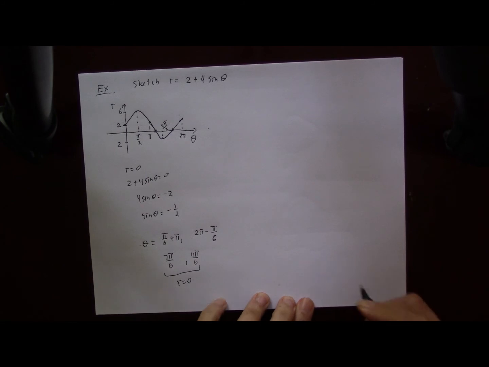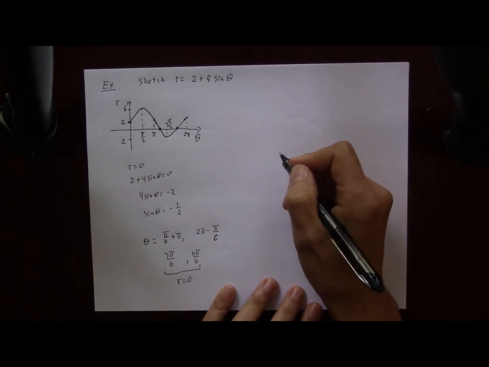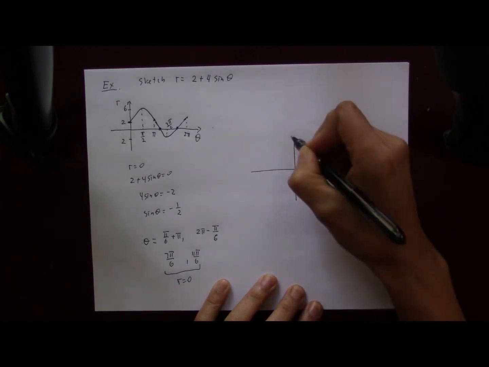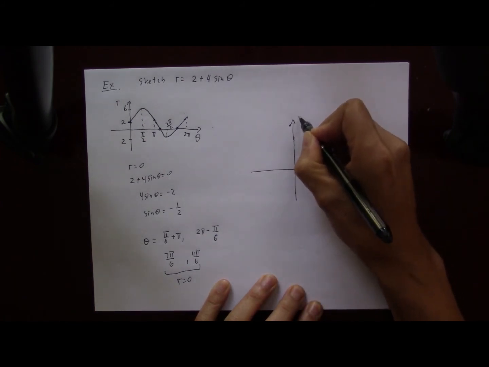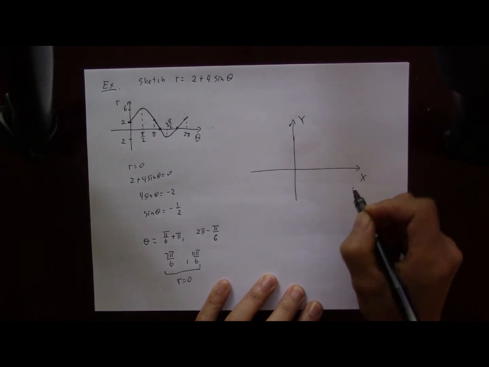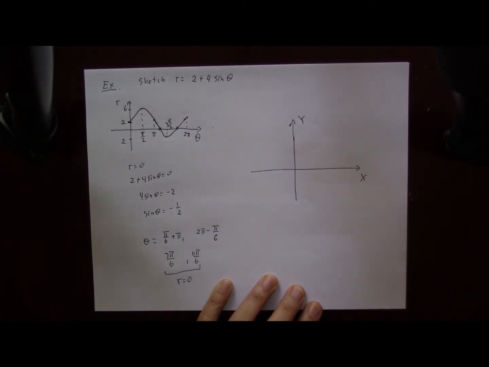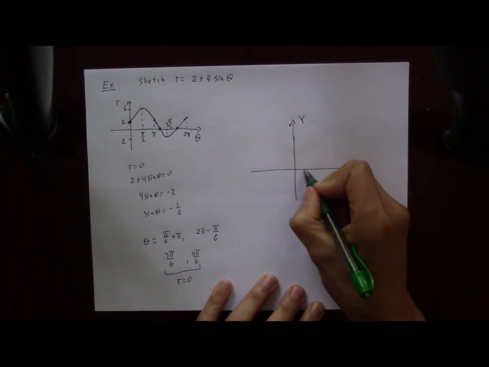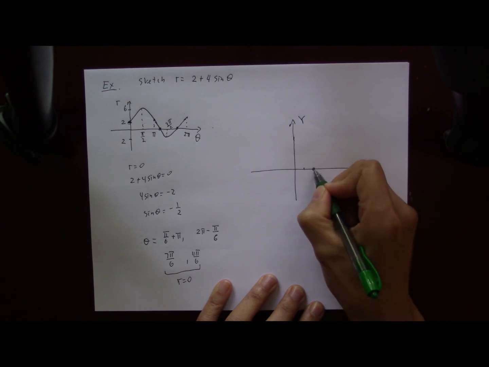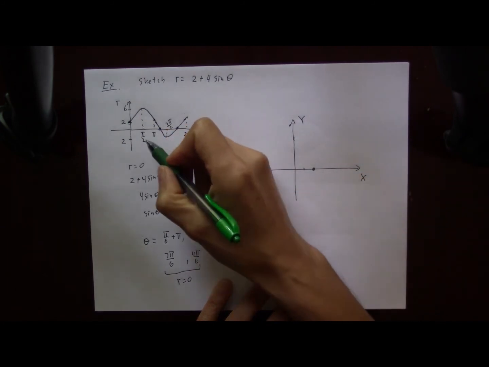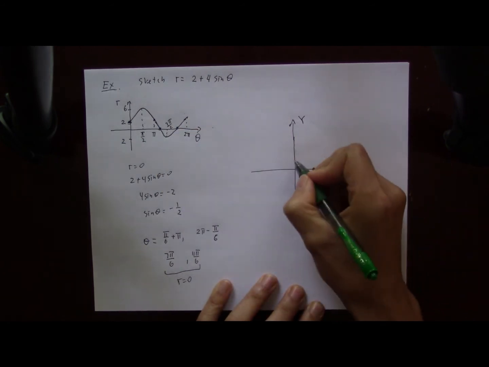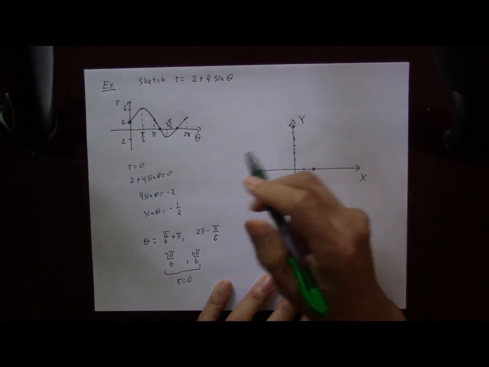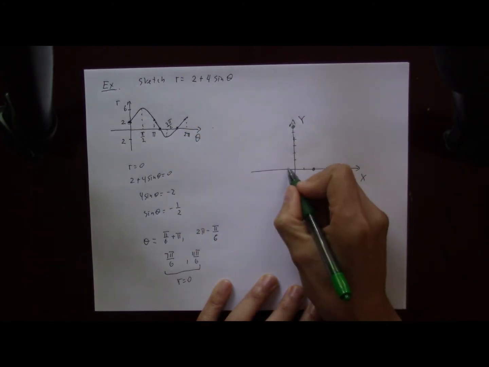Okay, so let's sketch the graph now. Let's mark our points. First point, theta equals 0, r equals 2. Next point, pi over 2 and 6: 1, 2, 3, 4, 5, 6. Next point, pi and 2: 1 and 2.